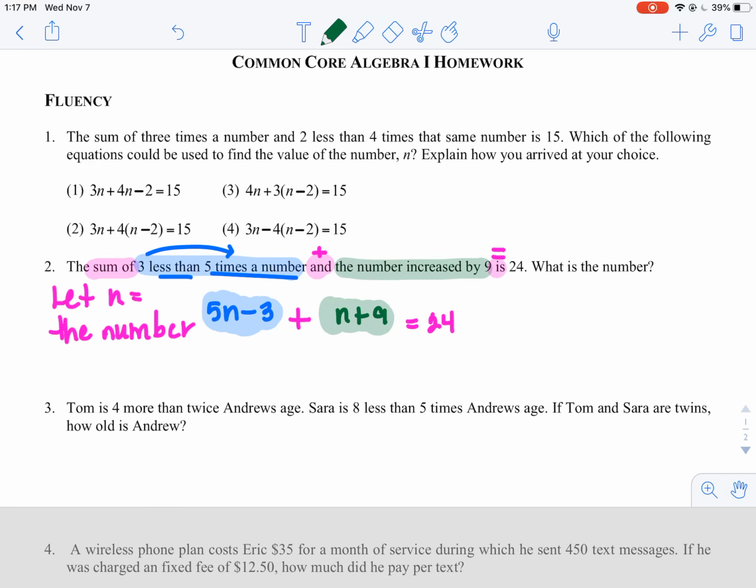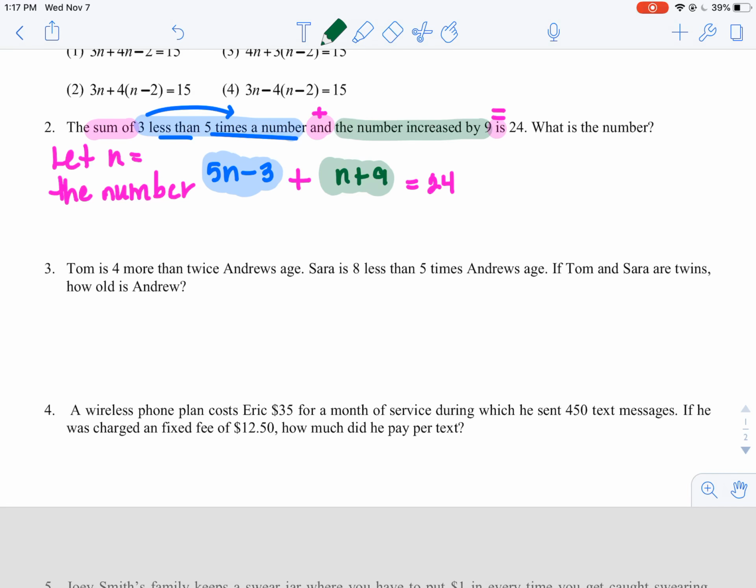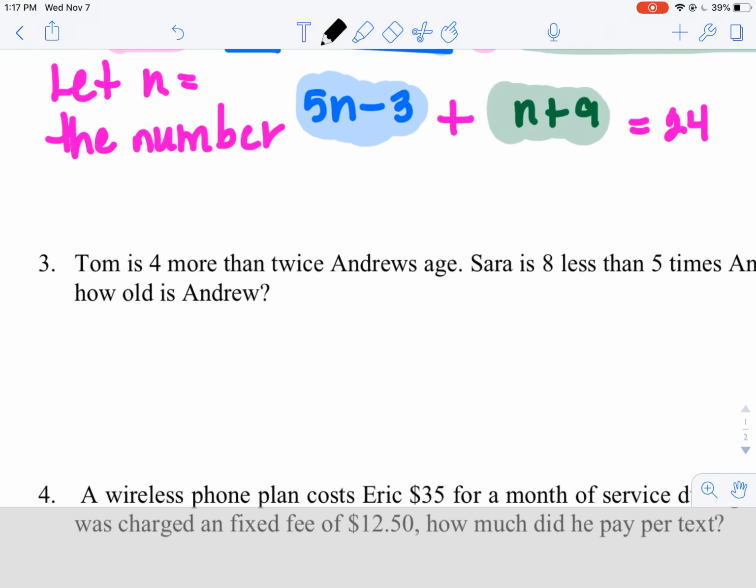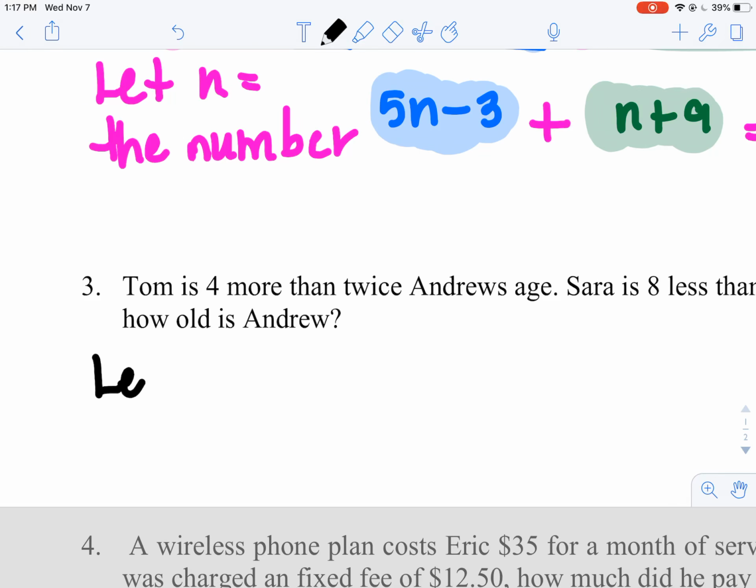Number 3, Tom is 4 more than twice Andrew's age. Sarah is 8 less than 5 times Andrew's age. If Tom and Sarah are twins, how old is Andrew? So we're looking for ages, and how many people do we have? 3. So what I'm going to do is write my let statements, and just list my people and what I'm looking for, which is their age.